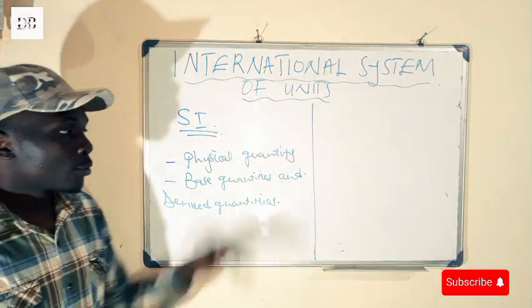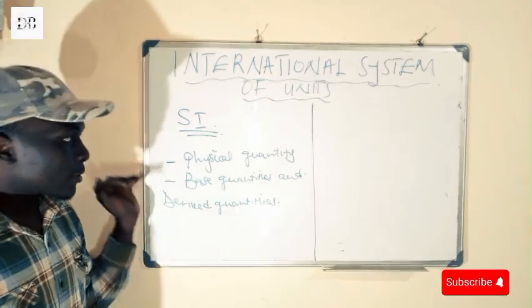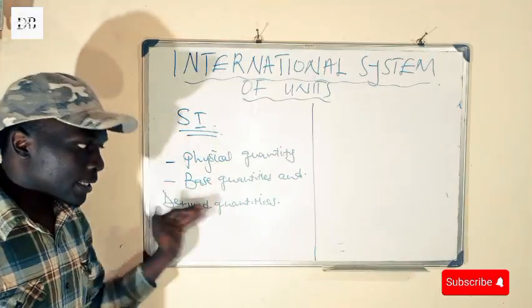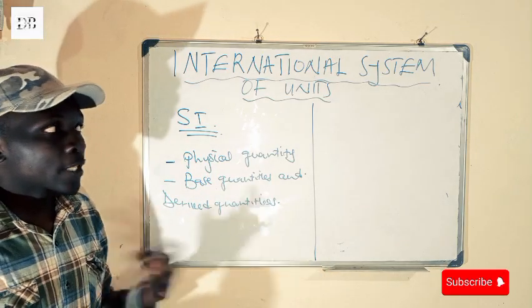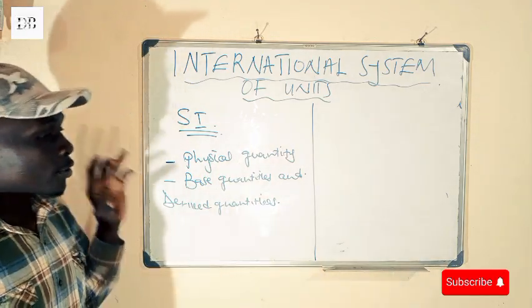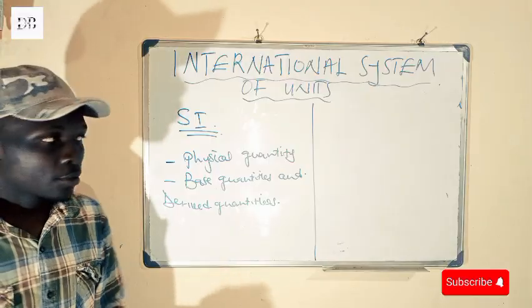If you are able to understand these 2 points under this topic, these are our objectives, then you have been able to grasp everything in this video. So let us get into the video.